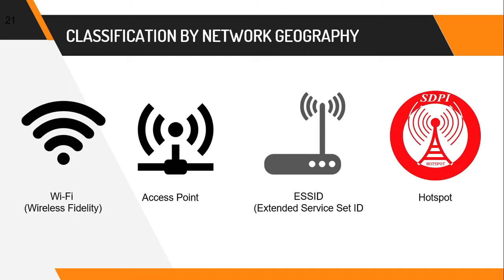An access point is a device or base station that connects wireless devices together, usually connected to a wired network. ESSID is a name for the access point, for example, CAMC Wi-Fi. And the last one, we have the hotspot. It is the area covered by wireless access points.